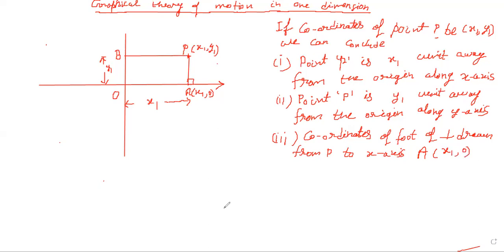We already discussed in the previous session that a point x1 unit away from the origin along the x-axis, on the x-axis, has the coordinates x1, 0.